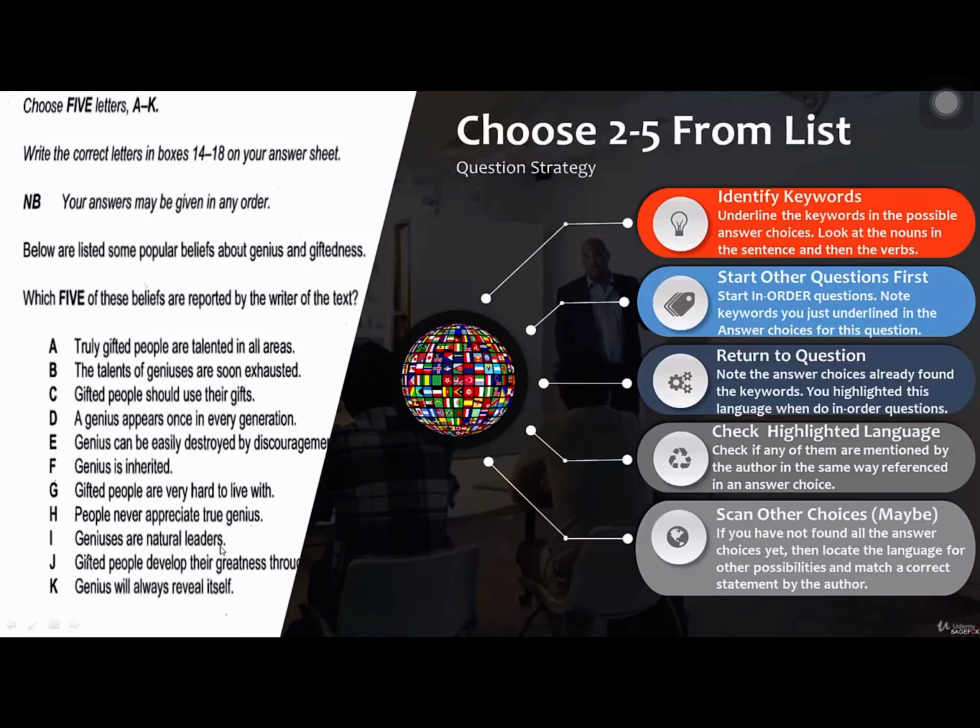Those are the keywords you need to really notice when doing this question. So the very first step is to identify the keywords.